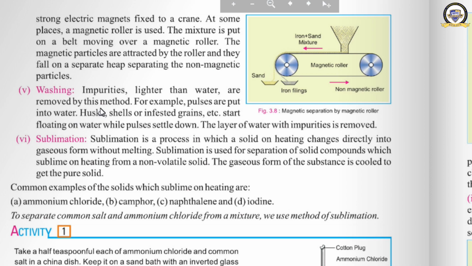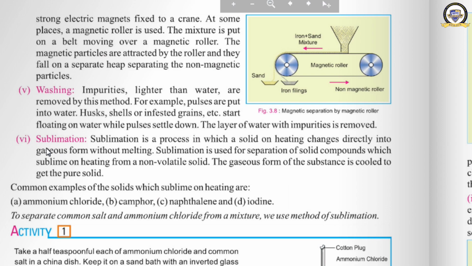So hence we can separate the pulses from those impurities, right? Husks, shells or infested grains etc. start floating on water while pulses settle down. The layer of water with impurities is removed. Hence we can separate impurities from pulses using washing.